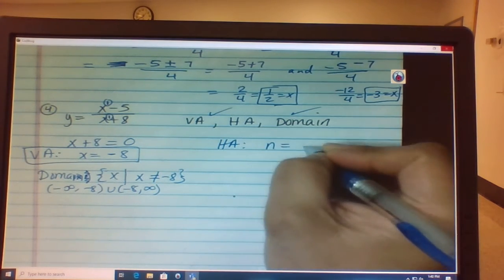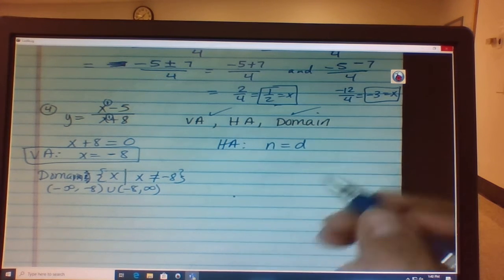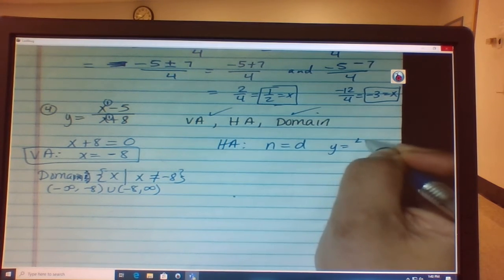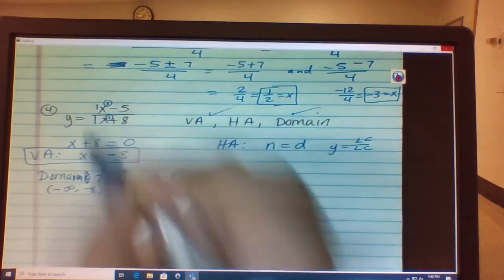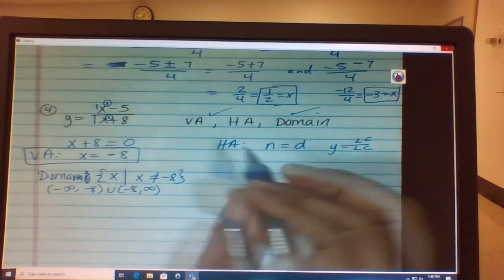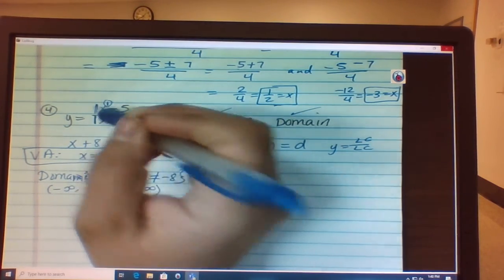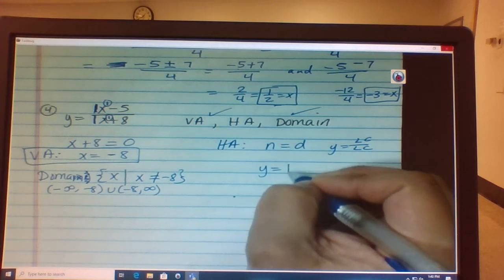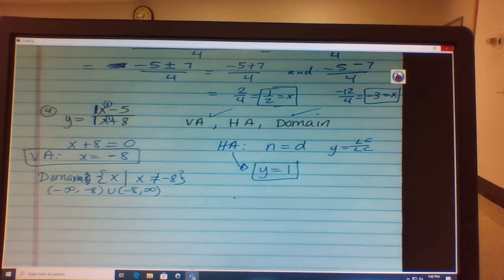The degrees are equal in both your numerator and denominator. So the formula says it is your leading coefficient over your leading coefficient. The coefficients of your x are 1 over 1, which is a 1. So this is your answer for your horizontal asymptote.